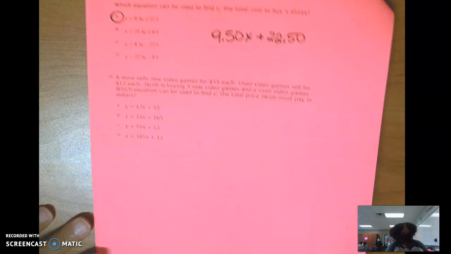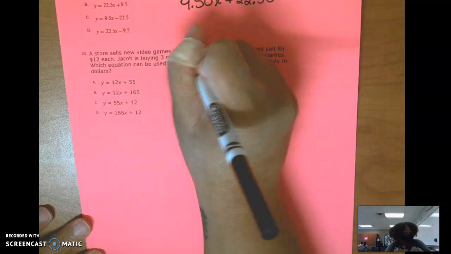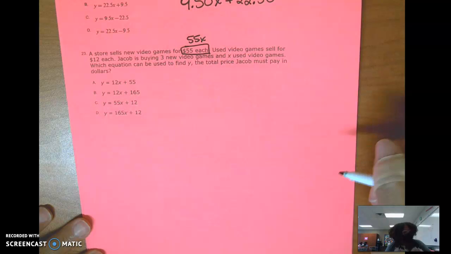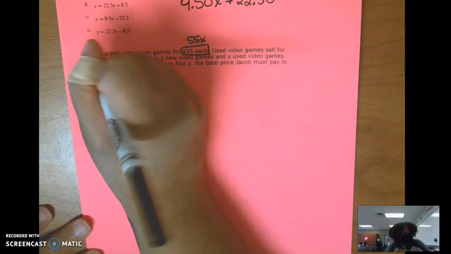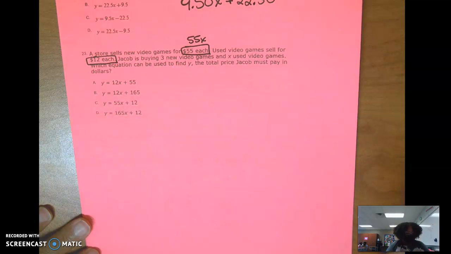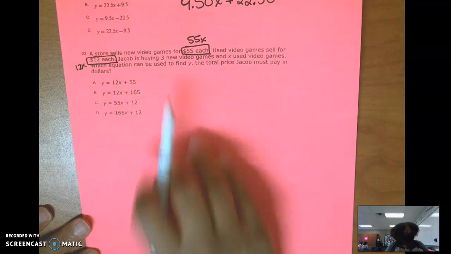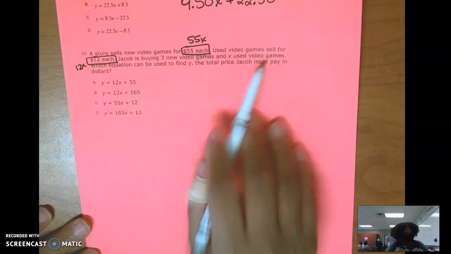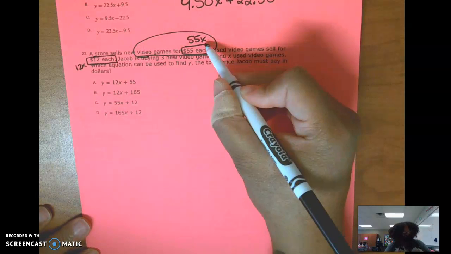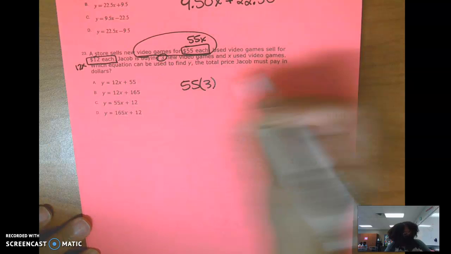A store sells new video games for $55 each. What does that mean? 55x. Used video games sell for $12 each. Hold on. What does that mean? 12x. Okay, so we'll see which one we really need. Jacob is buying 3 new video games. So these are the new video games. So what do I have to do here? Good. 55 times 3.